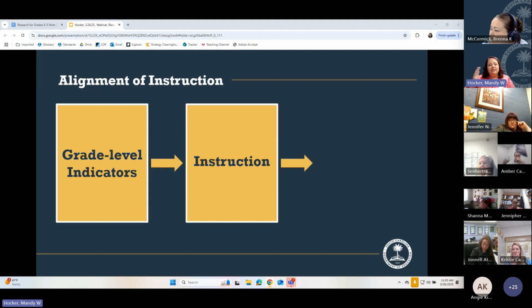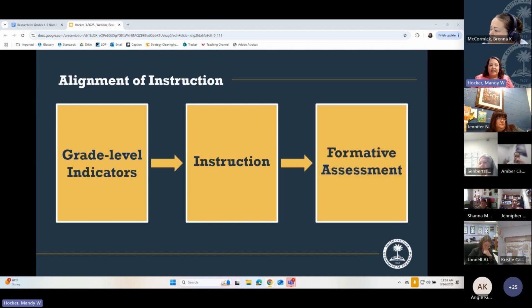This process is iterative, and we may use formative assessment or feedback to determine which indicators need to be revisited or what we need to lean into more with our students, to better support all the students in our classrooms. So this alignment of grade level indicators, instruction, and formative assessment will guide our work through the next section.